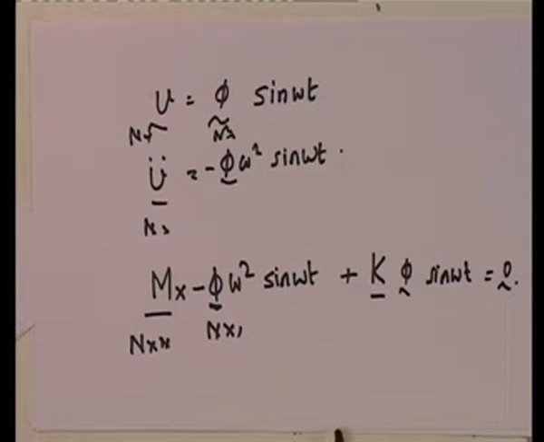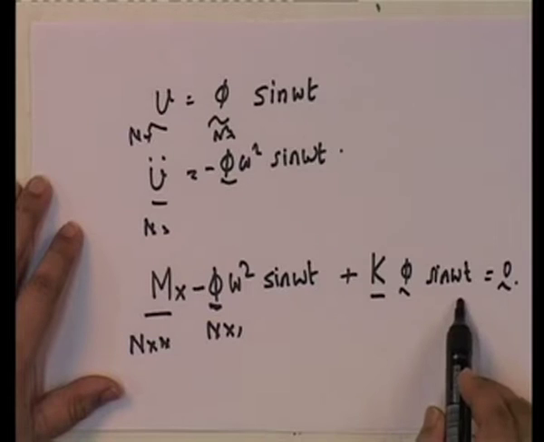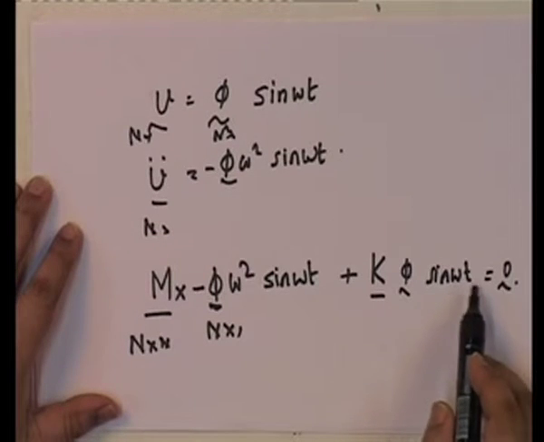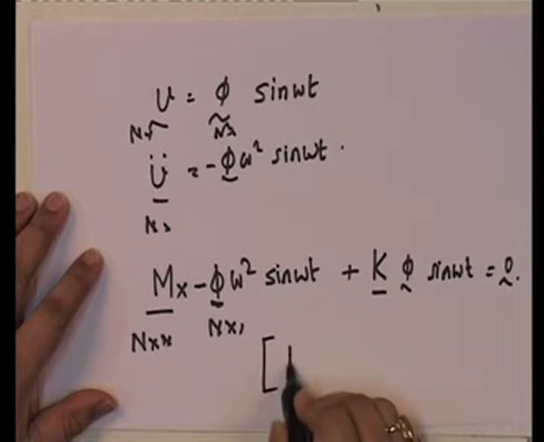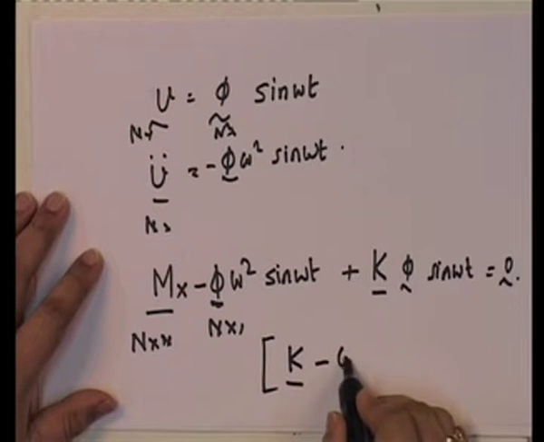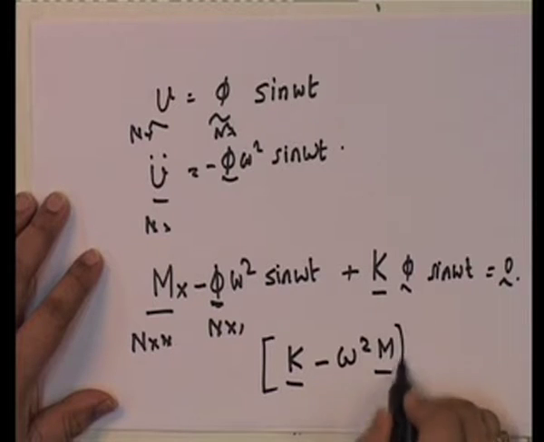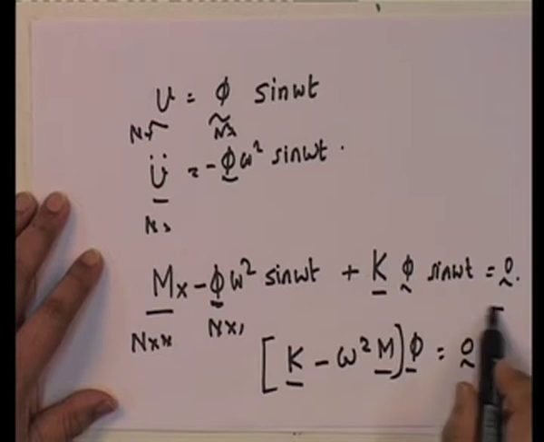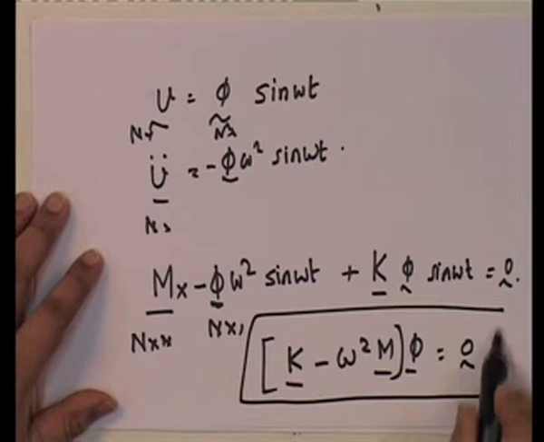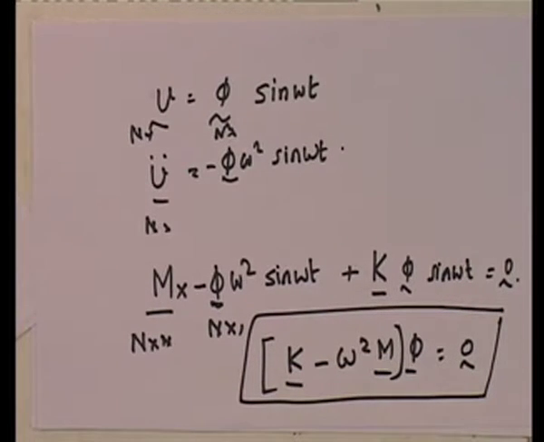Now, note that since sin omega t is not equal to 0, this equation is only satisfied when k minus omega squared m into phi is equal to 0. This has to be satisfied. If you look at this, it doesn't look similar to what I had done.